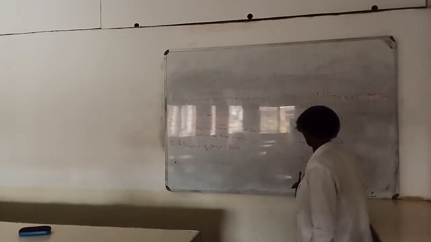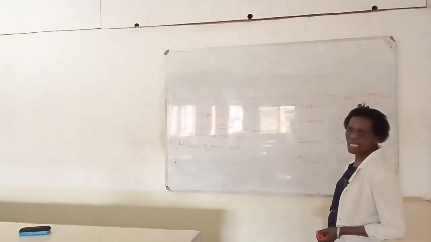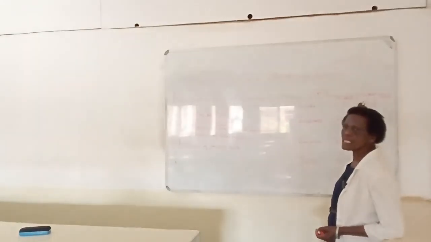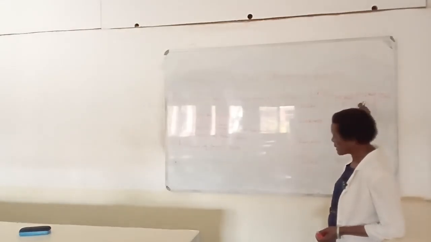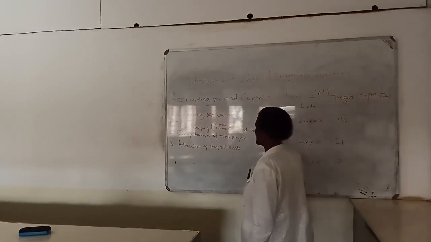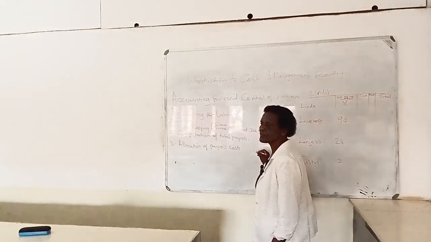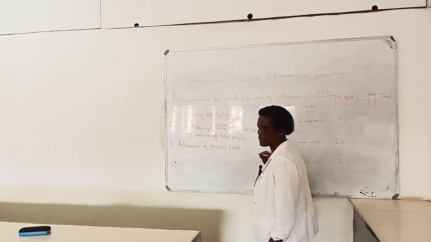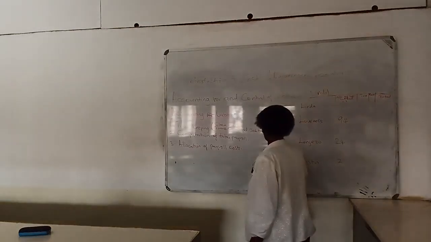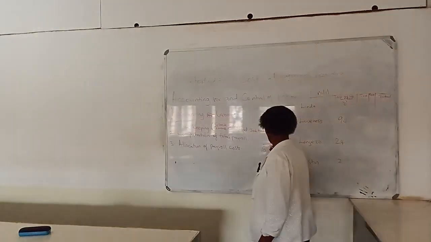Okay, so we are saying tax. You don't just mention the tax. Tax is a percentage set by the government, isn't it? So you can't just put it. How much is Loveness getting per month or per hour? 10,000. So we are saying 10,000 for Linda.